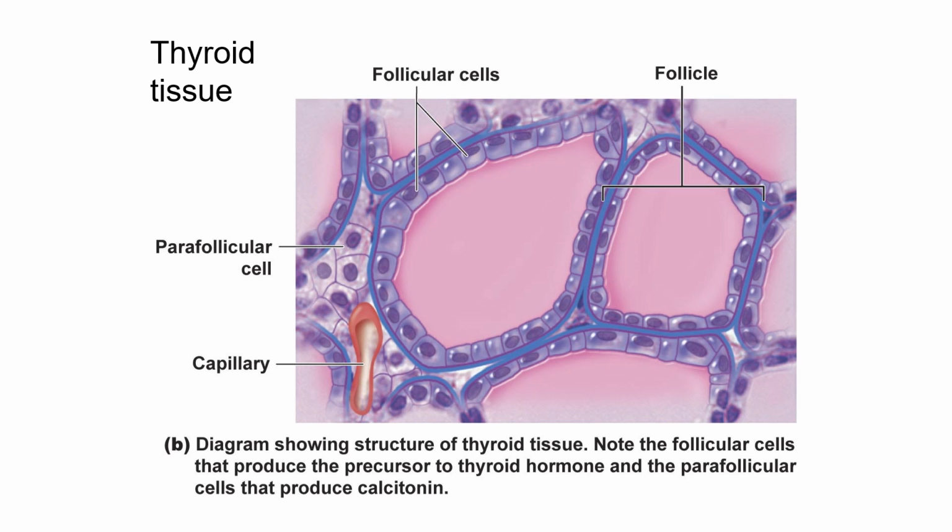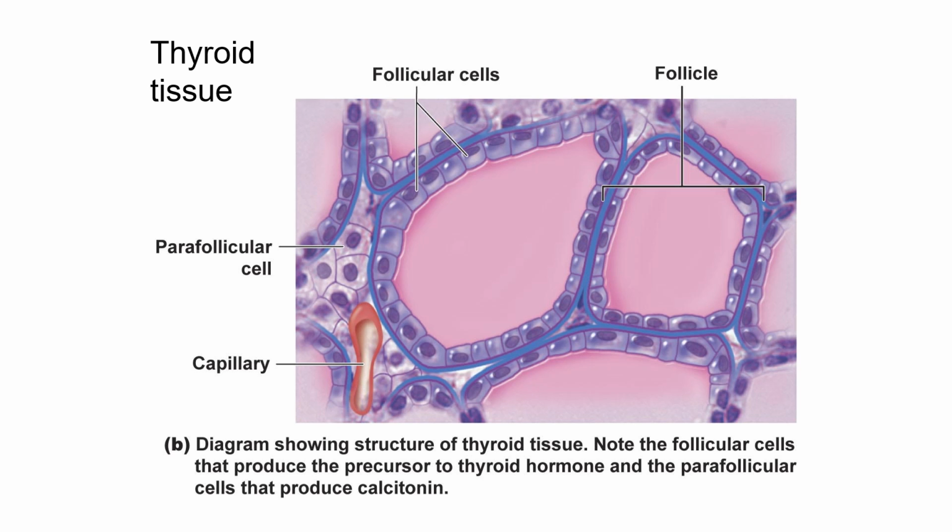This is an image showing you the histology of the thyroid gland. And there are two primary types of cells in the thyroid gland. There are follicular cells, and in cross-section they look roughly circular, but these follicular cells make up the walls of these three-dimensional structures called follicles that are roughly spherical.